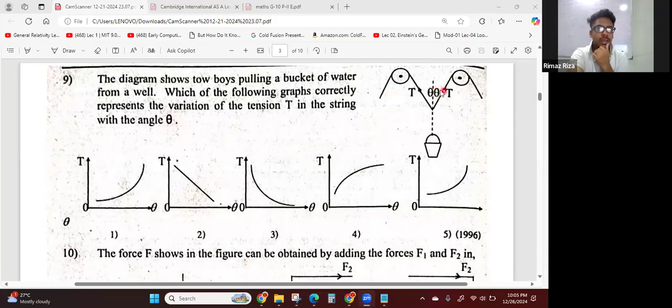So here the theta, I think, measures the angle between the vertical and the string. But I'm not getting any answers.